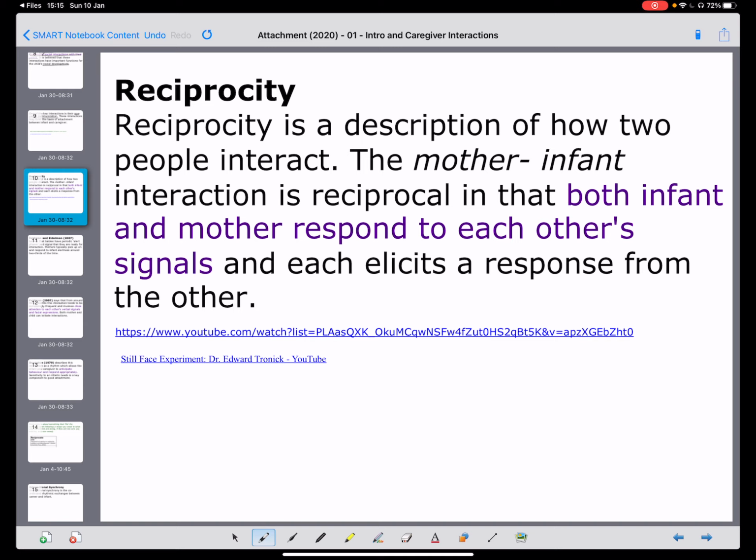So when we see that babies are open to having these meaningful interactions, the first phrase we need to look at is reciprocity. It's a description of how two people interact. The mother-infant interaction is reciprocal in that both infant and mother respond to each other's signals.